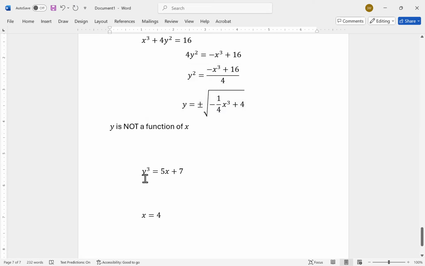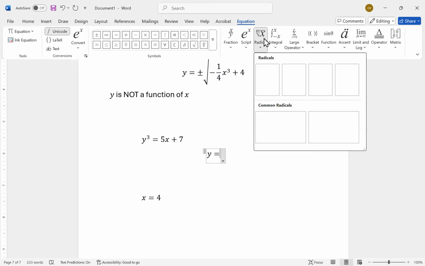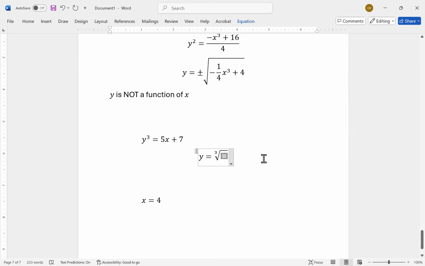What if I had a y to the third? Well, if I had a y to the third, I'm going to take a cube root or a 1/3 power on both the right and the left-hand side. So if I did that, it turns out cube roots are perfectly fine to take. And I don't need a plus or a minus out front because if I take a negative times a negative times a negative, I get a negative.